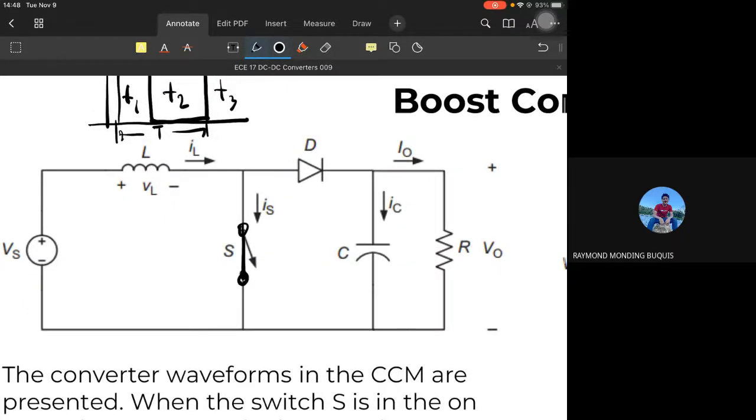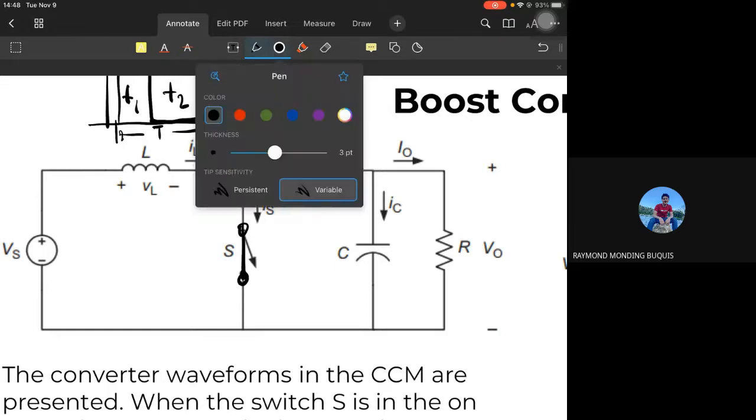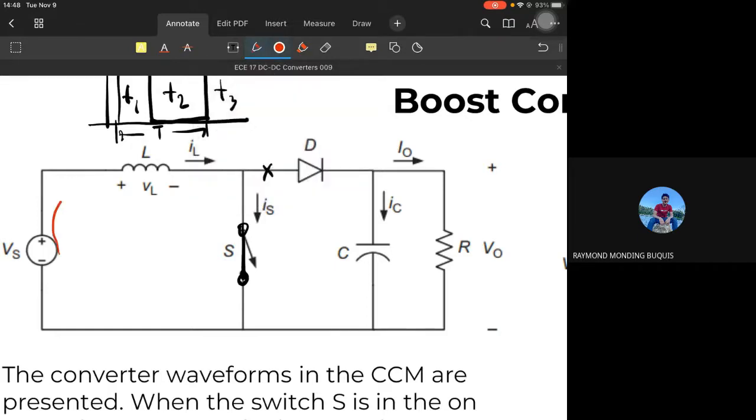At T2, when the switch is off, no current flows here, it is cut off because the current cannot pass. It allows the voltage drop across our inductor to reverse polarity.